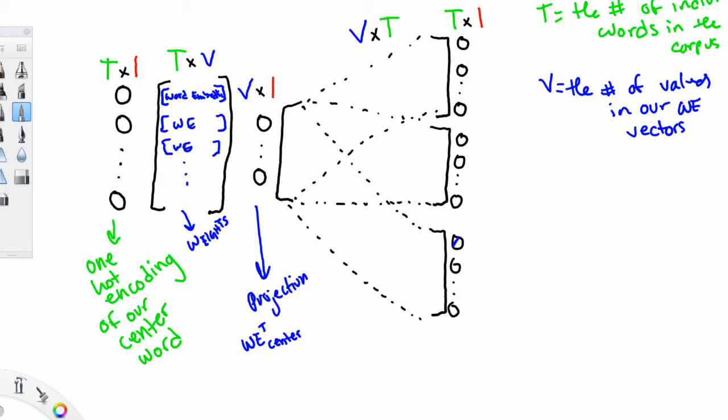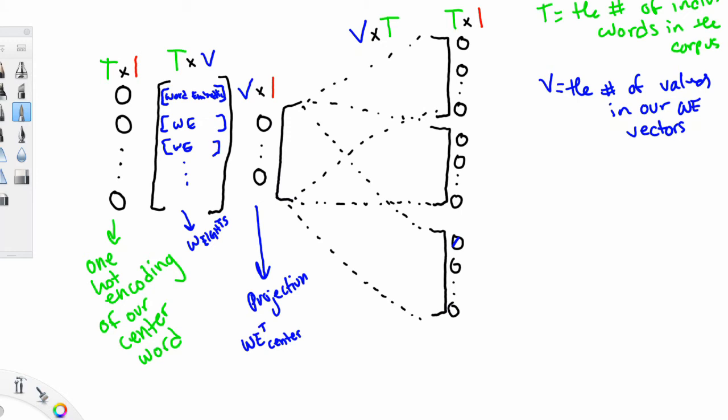So the dot product essentially just selects out the appropriate center word embedding and takes that as our hidden layer. That's the only real goal of this first section as far as feed-forward operations go: to select out the center word embedding.